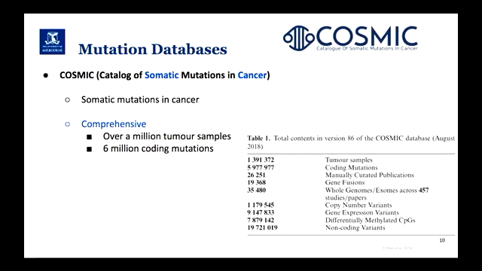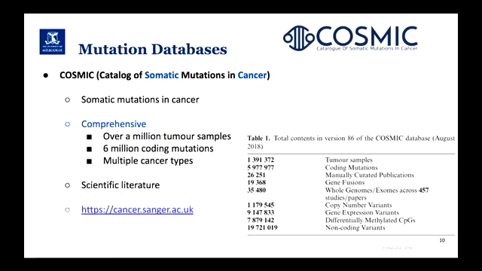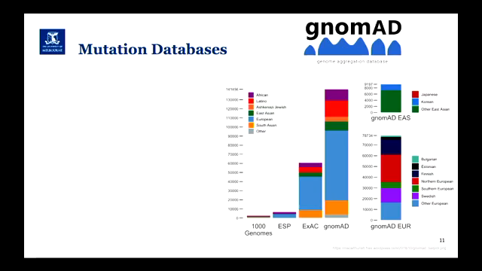And the main challenge is how you can differentiate between a passenger mutation and a driver mutation. And this is for multiple cancer types. For instance, you can ask the question, does my mutation appear in breast cancer or in lung cancer, for instance? This is also literature-derived information maintained by the Sanger Institute.